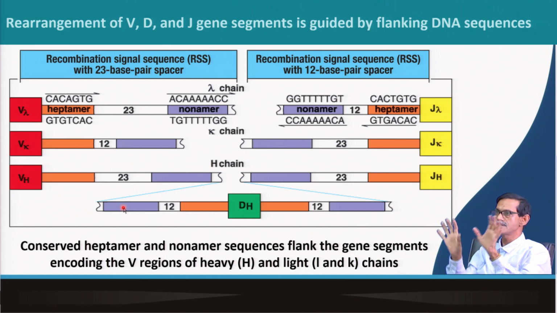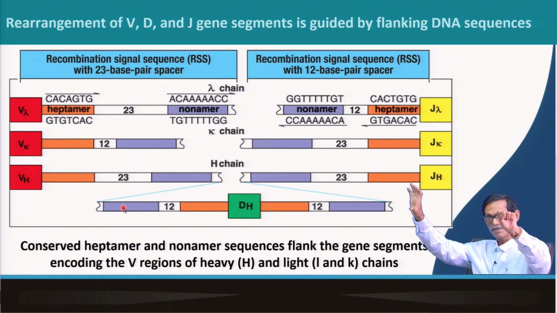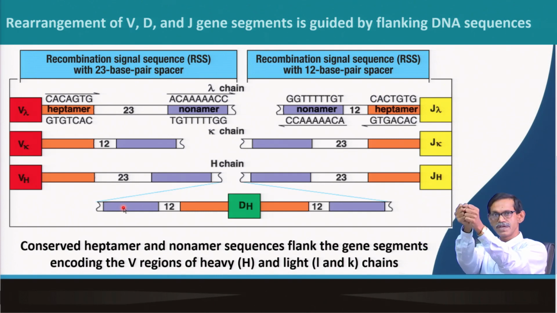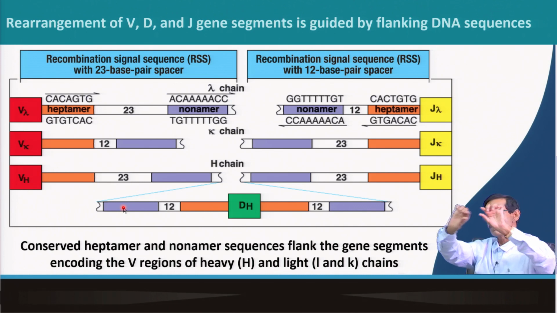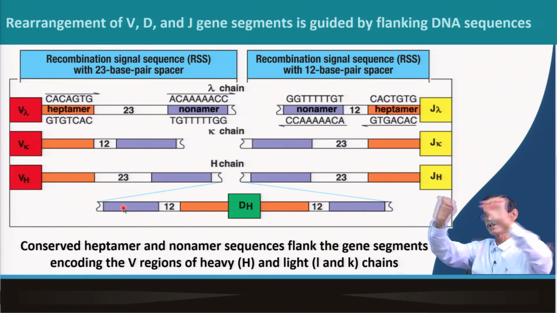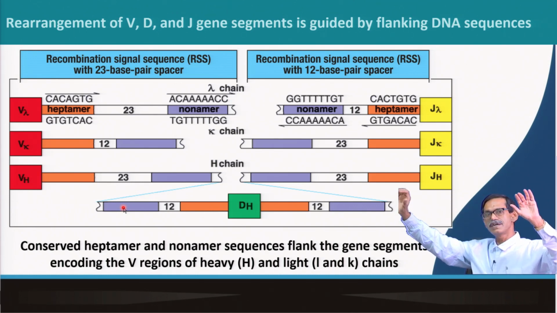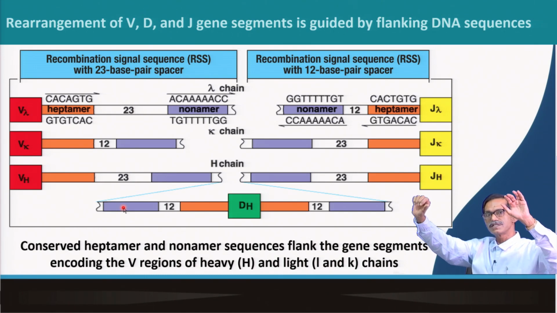There, what normally happens is one protein binds to this sequence, another protein binds to this sequence, and they bring them together. So, if you consider a long thread of DNA, here one sequence is say heptamer, here another is heptamer, or here one sequence is nonamer, here another sequence is nonamer.